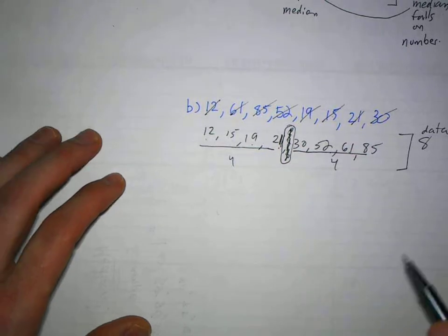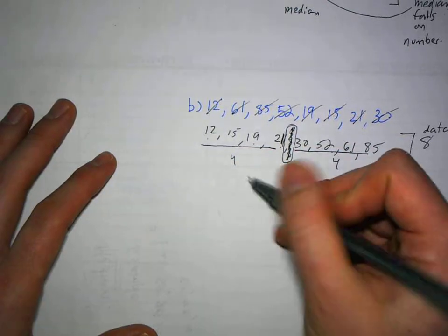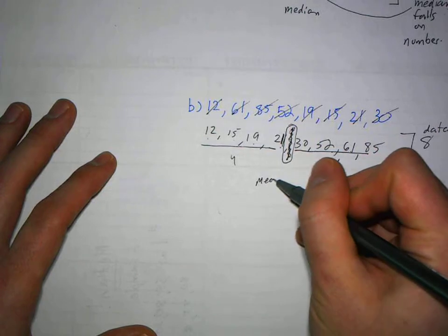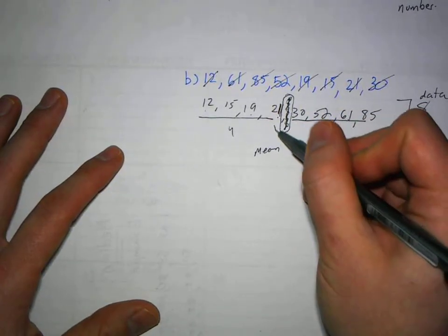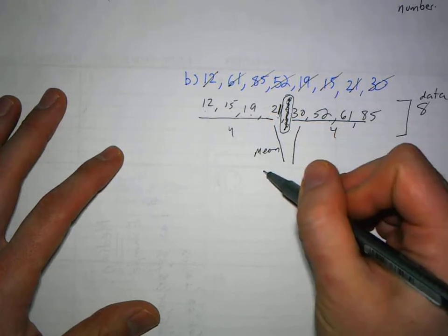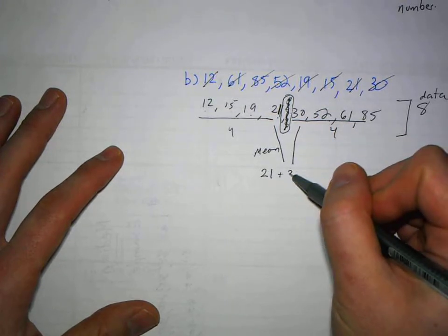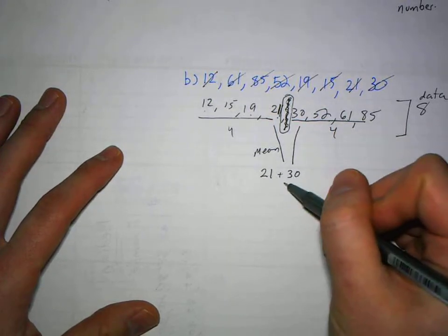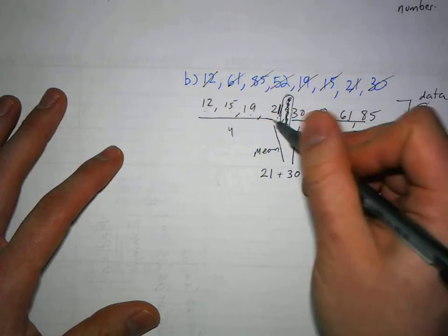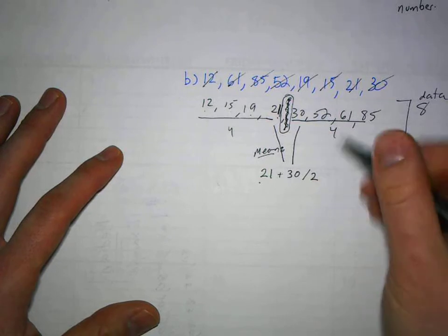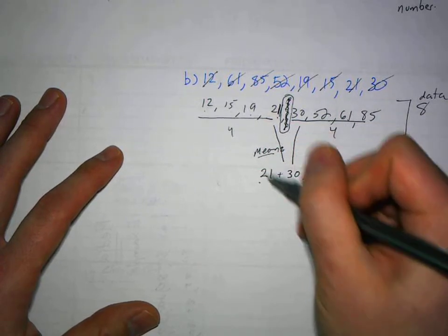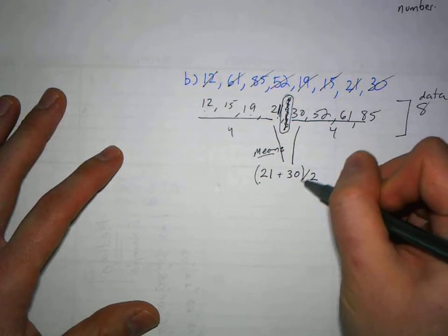And we have a way to figure it out. It's pretty straightforward and simple. This is where the mean comes back to help us finding the average. What we need to do is take 21 and 30, add them together, and then divide them by 2. We're finding the average of them, the mean. So we have 2 numbers, 21 and 30. That's why we're dividing by 2. So you type that into a calculator.